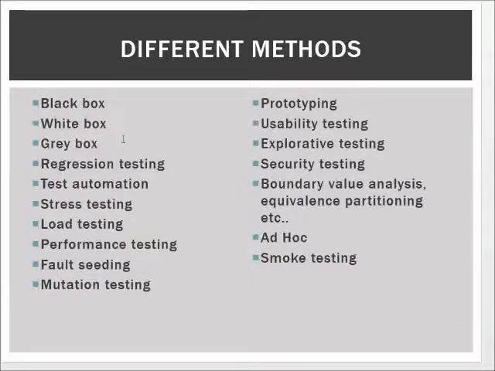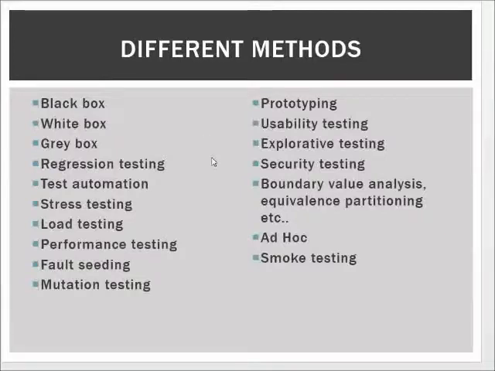Of course, there's the black box, white box, and gray box testing, which are more or less the different ways of doing testing work where you put input into the system and see what the output is and see if the output is correct, and more importantly, if the output is correct for the correct reasons.